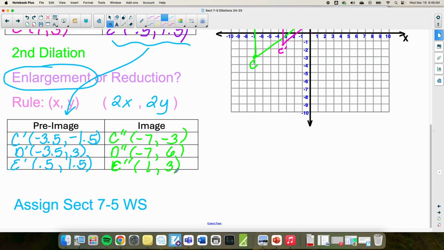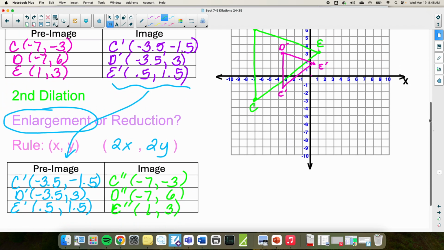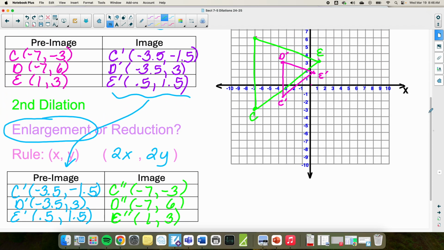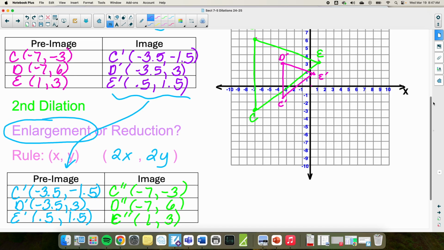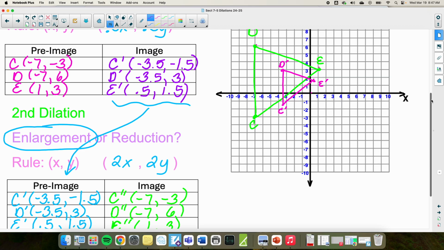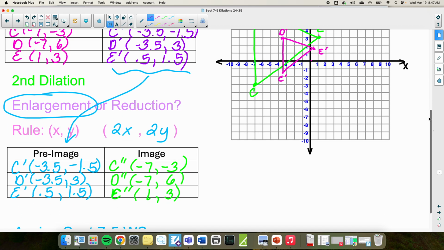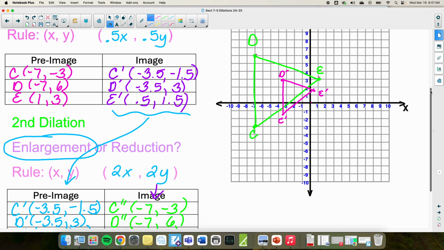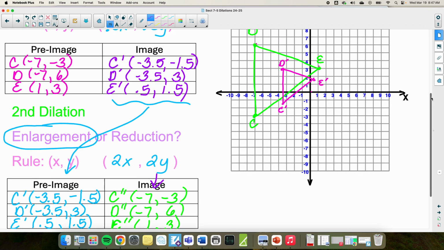Okay? So now I'm going to go back to that same diagram and plot the last thing, and label it with C prime, D prime, E prime. So the first one's -7, -3, which, oh nope, I don't have to do that, I'm sorry. I was going to plot this again. I only have to plot this one. Sorry guys.